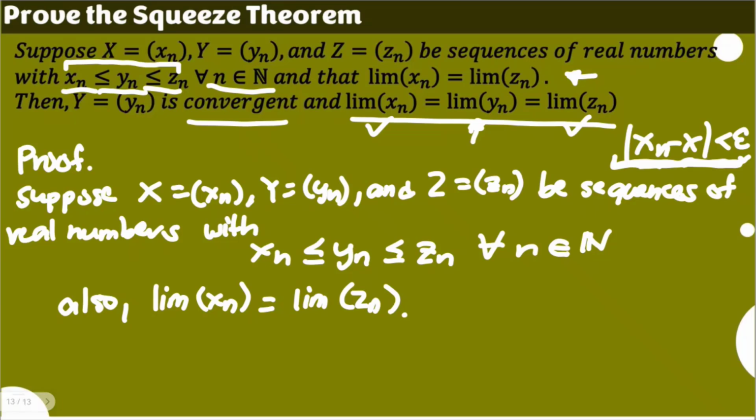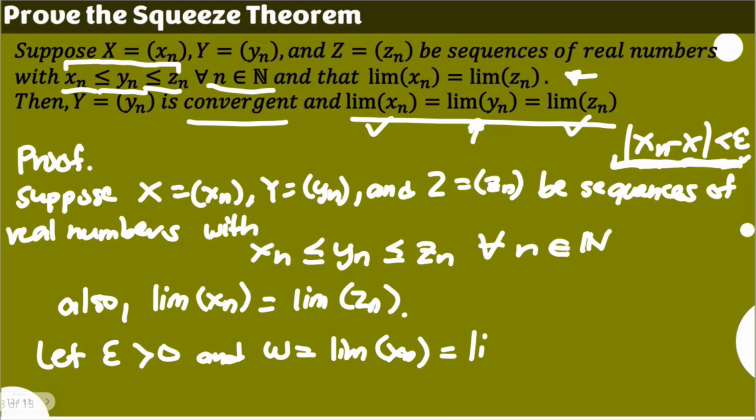So we're going to have let epsilon be greater than 0, so that epsilon will come out later on. And of course, okay, a representation for this equality, you will have here w be equal to the limit of the x sub n sequence, and also equal to the limit of the z sub n sequence.